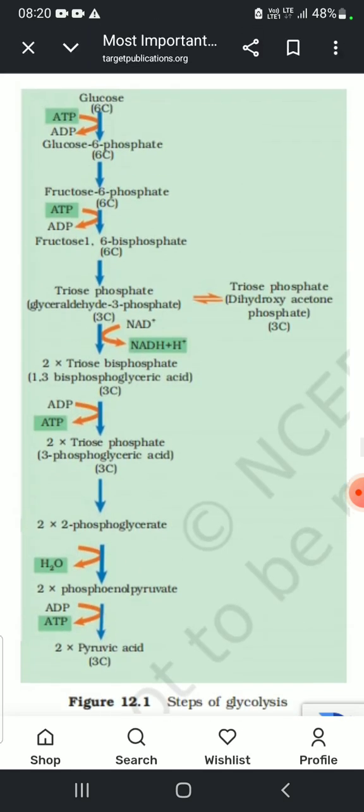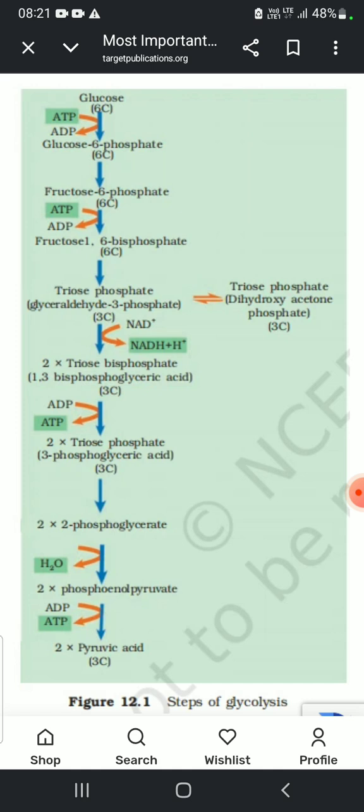Then we have glycolysis, which is a 10-step process. First, glucose gets converted into glucose 6 phosphate, then glucose 6 phosphate converts to fructose 6 phosphate, then fructose 6 phosphate converts to fructose 1,6 bisphosphate. It gets converted into triose phosphate.